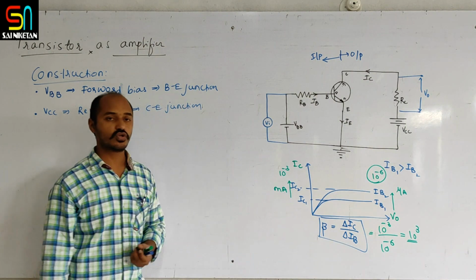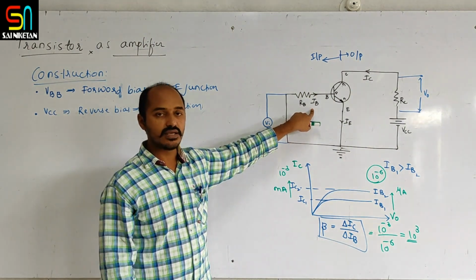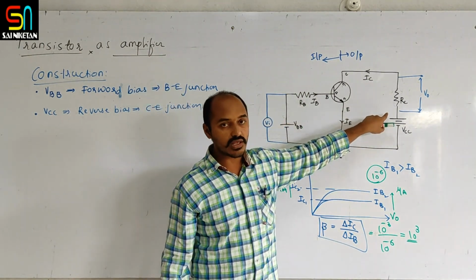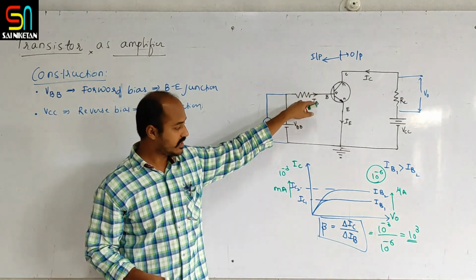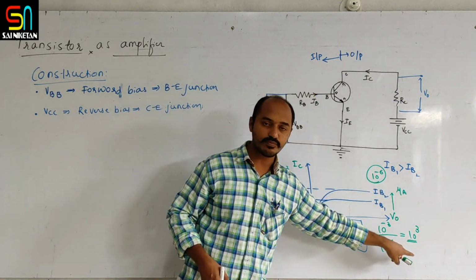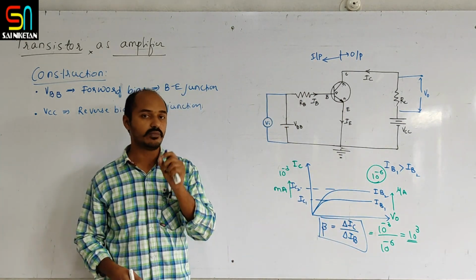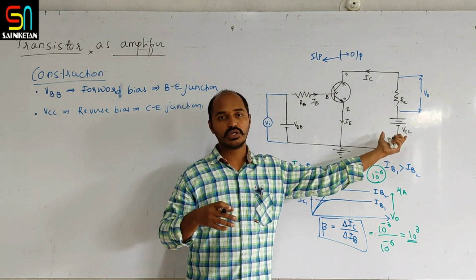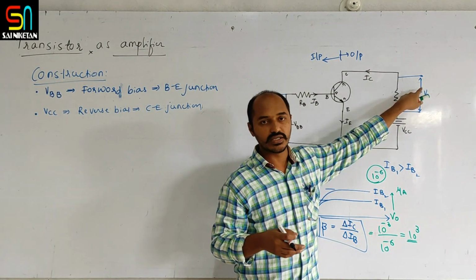It is very important to show the direction of current. As the input current increases, the output current also increases, because when this current increases, as per the output characteristic, a small increment in the input current will lead to a large increment in output current. If the output current increases, the output voltage also increases.